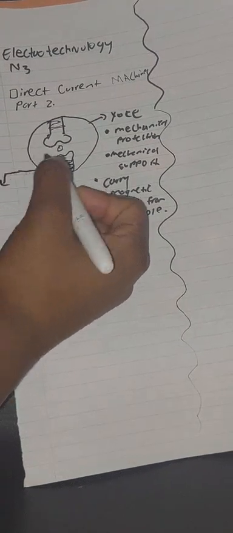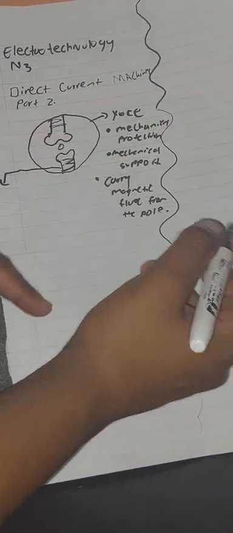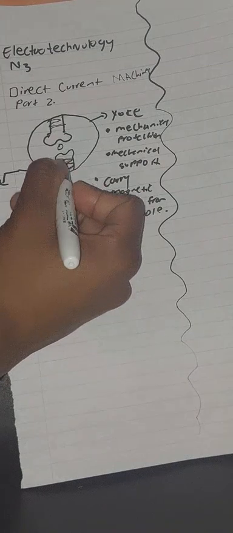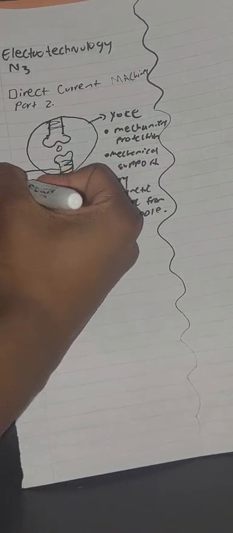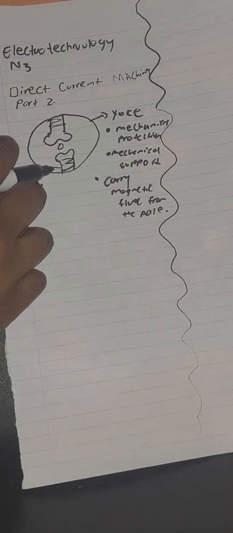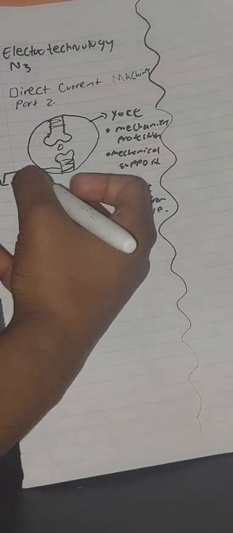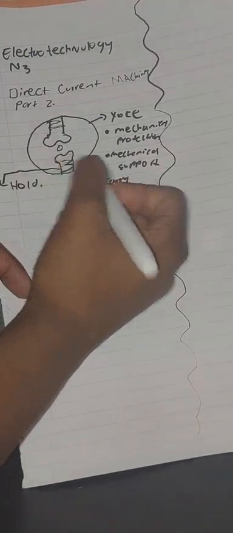The function of the field pole is to hold the field coil in position.